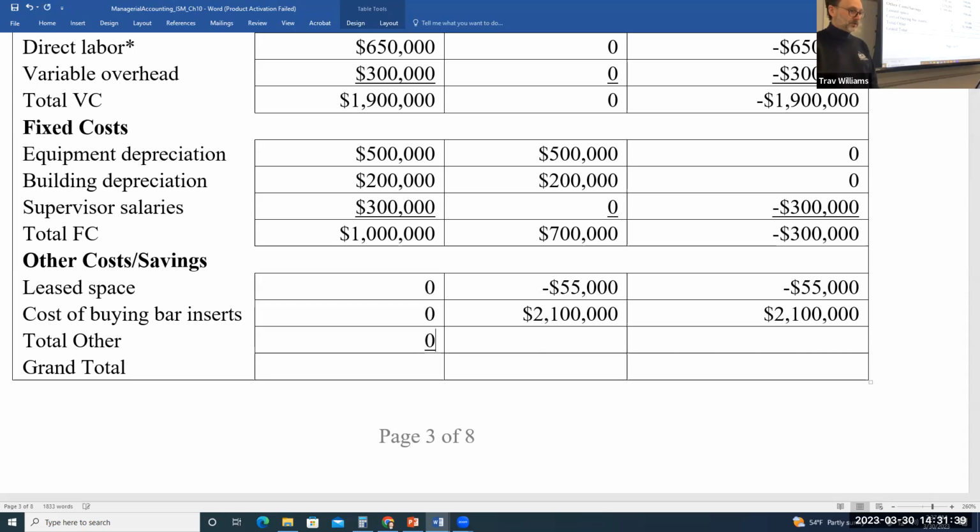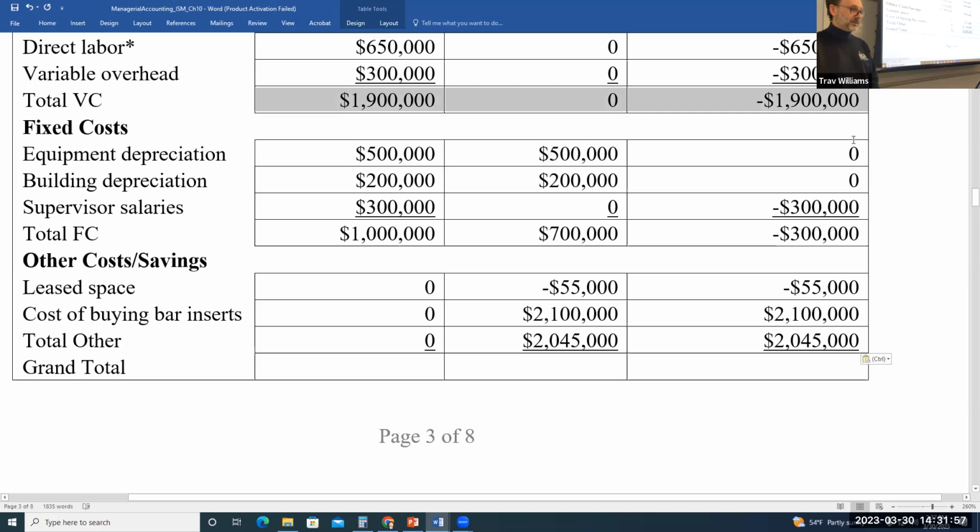We get 0 here. We get 2,045,000 here, and same thing over here. Then we can add variable costs plus the fixed costs plus the other costs.